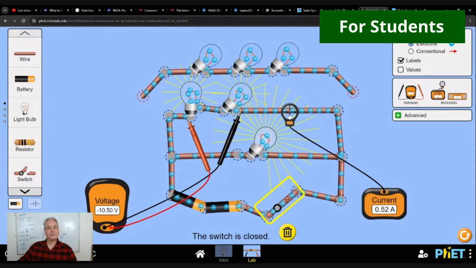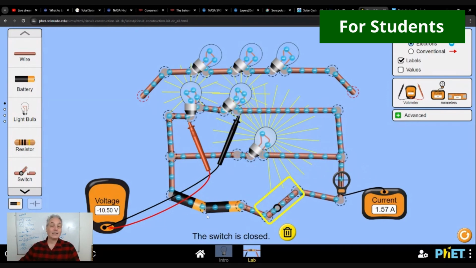So 0.5 amps are going this way, and we have 1.05 amps going this way. So in the whole circuit, here and in the battery, we have to add the amps from the two branches. And therefore, we have 1.57 amps here.